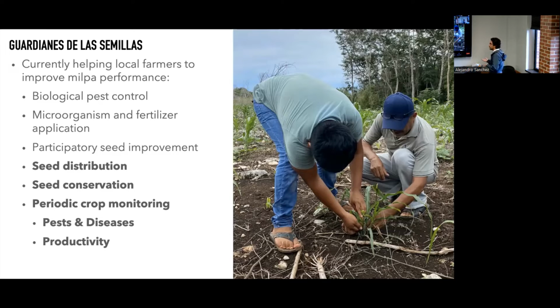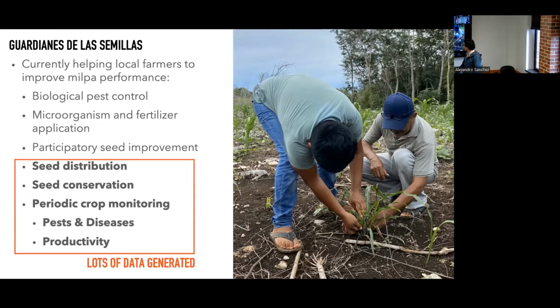So they're applying microorganisms and fertilizers, and participatory seed improvement, where they follow the plants that have better seeds or bigger corn, and plant them again. It's very, very interesting. But they're also doing seed distribution, seed conservation, and periodic crop monitoring for pests, diseases, and productivity.